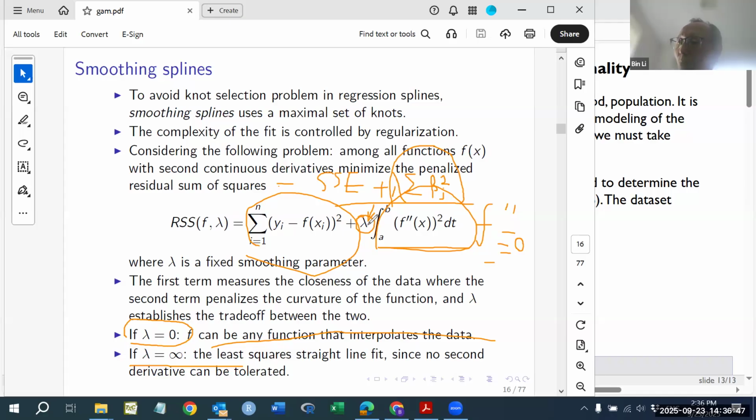When we prefer the simple model, the lambda should be chosen as a large value, because that means we have a severe penalty on the model complexity. We strictly enforce that the model should be simple.